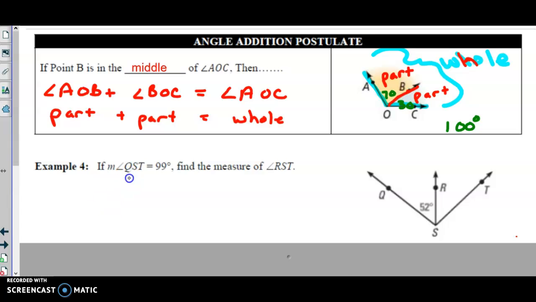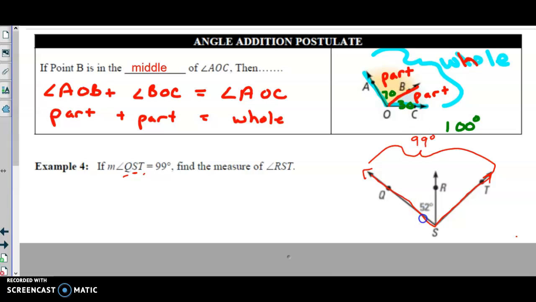Okay, so QST, S is the vertex, starts at Q, goes to T, so we're talking about QST. Okay, that whole thing from there to there is 99 degrees.